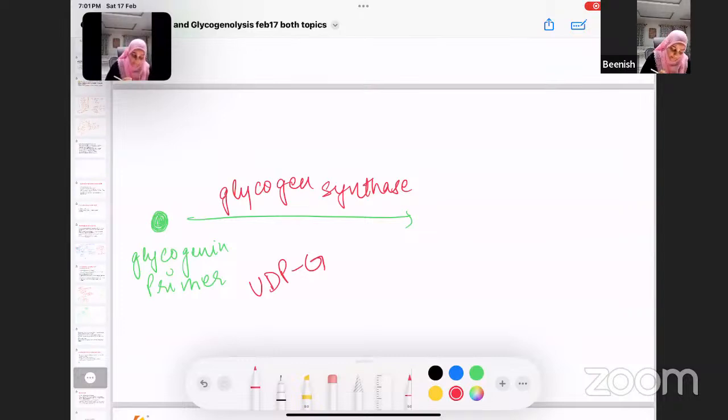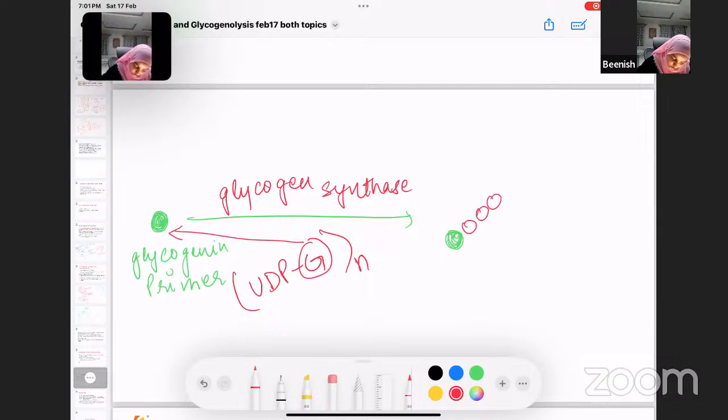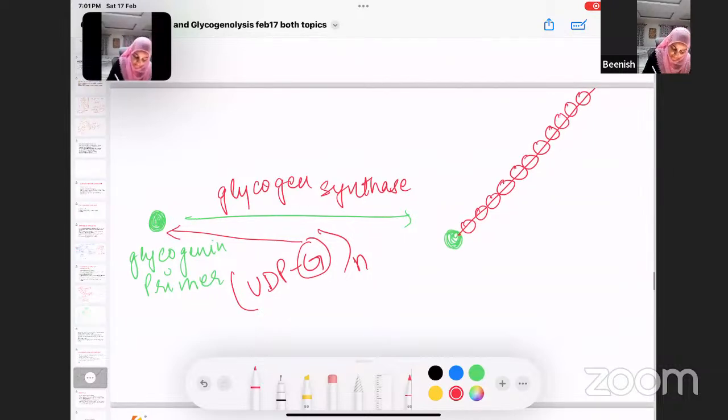We've learned this step. So glucose is being added to this primer n number of times. By n, I mean up to the length of 11 to 12 residues. So you will get something like this: 1, 2, 3, 4, 5, 6, 7, 8, 9, 10, 11. So you get a linear structure, a linear polymer.